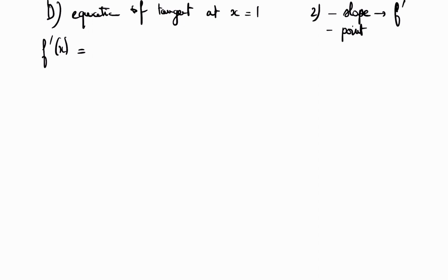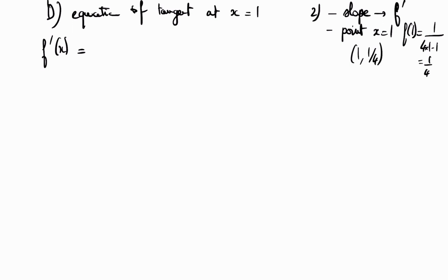Well, the point we already have, because when x equals 1, f of 1 is equal to 1 over 4 times 1 minus 1, which is 1 over 3... so that means that it goes through the point (1, 1/4).